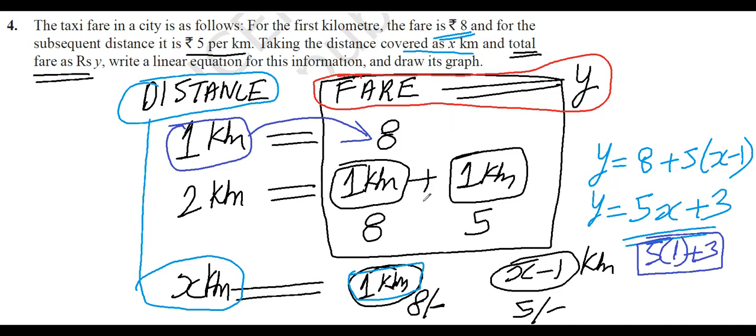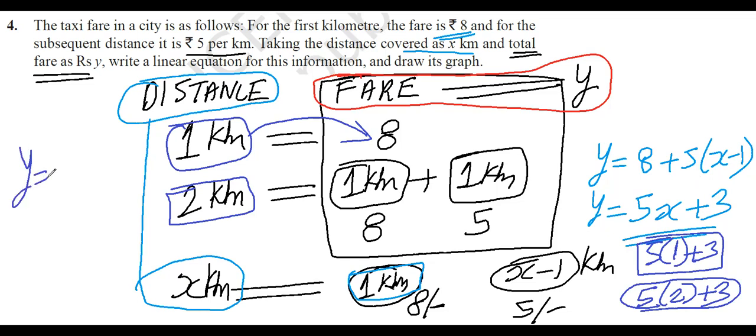Let's verify for distance 2. Am I getting the correct answer, that is 8 plus 5, 13, or not? Substitute the value of X as 2 and check, you are getting 13. It means my answer is correct. So the equation which I have formed, that is Y is equal to 5X plus 3, is the correct answer.